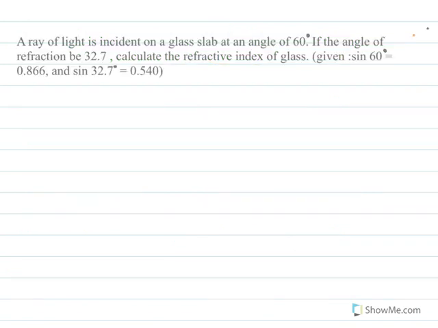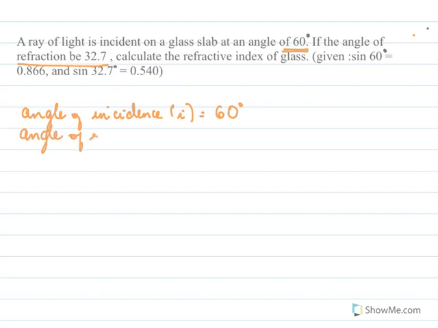A ray of light is incident on a glass slab at an angle of 60 degrees. So angle of incidence, which we say as i, is 60 degrees, and the angle of refraction is 32.7. So angle of refraction, which is r, is 32.7 degrees. Calculate the refractive index of glass.